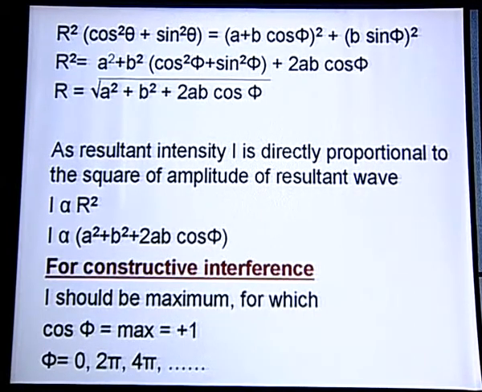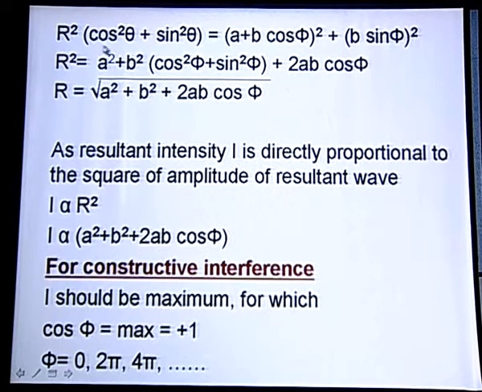Now why have we calculated this R? This question is very important here, because we all know that the intensity is directly proportional to the square of the amplitude. Right? Suppose we have the first wave. If in the first wave we try to calculate the intensity, because the amplitude is a, it means the square of the amplitude of the first wave is a square.